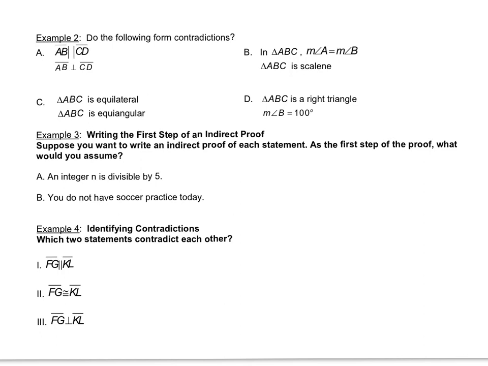Okay, example 2. Do the following form contradictions? Segment AB is parallel to segment CD, and segment AB is perpendicular to segment CD.